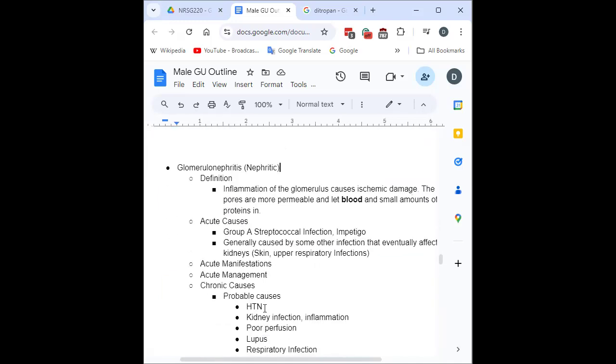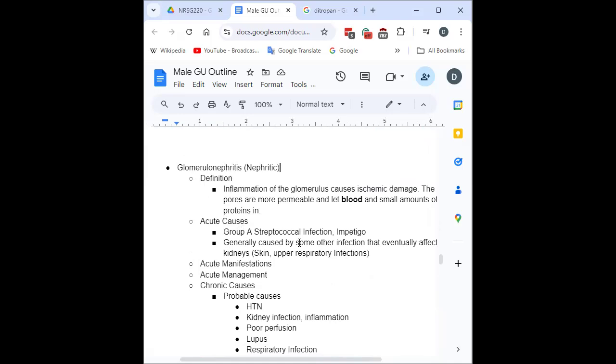Okay, so nephritic syndrome, also known as glomerulonephritis. The itis means inflammation, glomerulo refers to the glomerulus, which is your little loops that do the filtering in the kidneys, and nephro meaning kidneys.